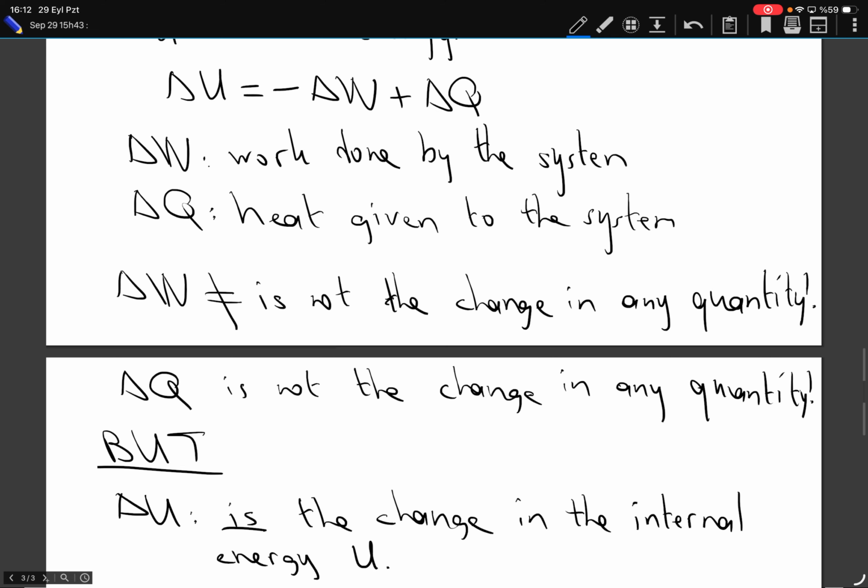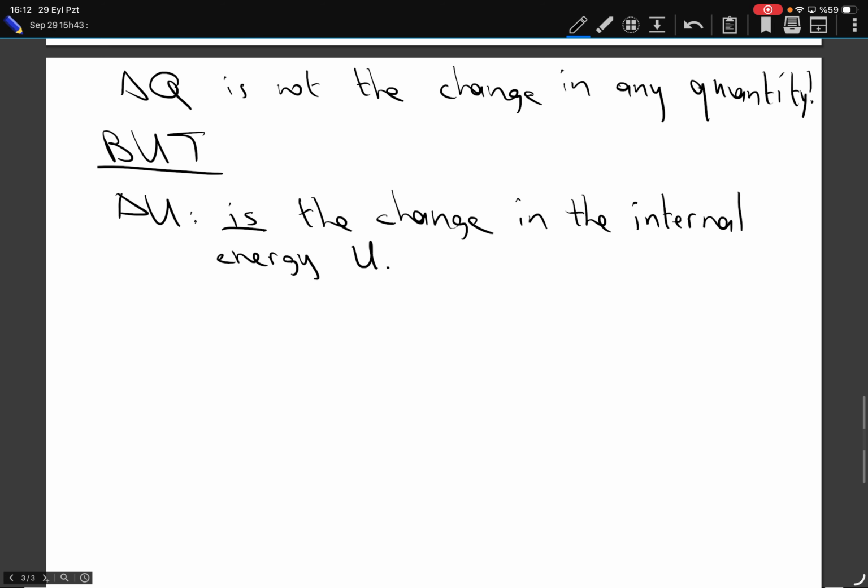So if I know the volume, the pressure, temperature, etc. of my system, that will allow me to calculate delta U. And hence, it will allow me to calculate U. I will be able to express the internal energy in terms of these quantities. Any questions up to here?